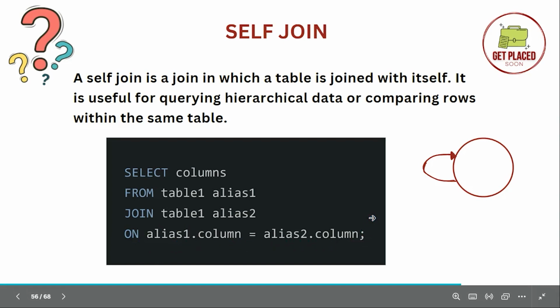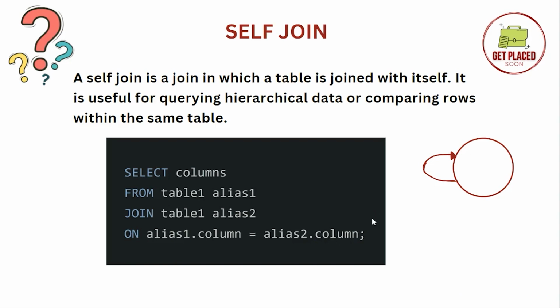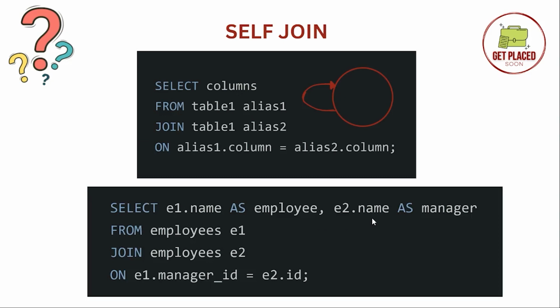Let's take an example for your better understanding. For example, we have a table employees, and by joining the employees table with itself, each employee is compared to another employee, specifically their manager. So if an employee has a matching manager ID, the manager's name will be retrieved, both instances referring to the same table, right?